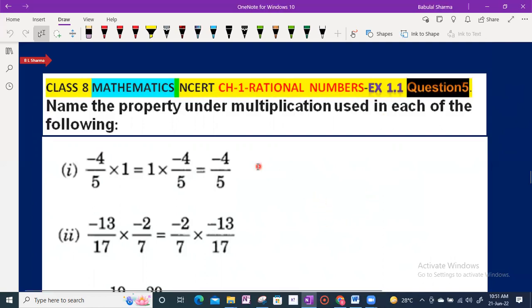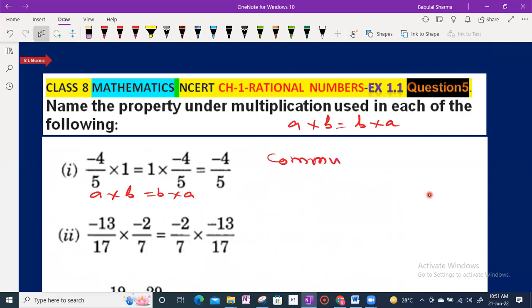So this is the commutative property. See here, if A into B is equal to B into A, you changed the order. Here minus A into B is equal to B into A. So that is the commutative property. Is it of addition or multiplication?